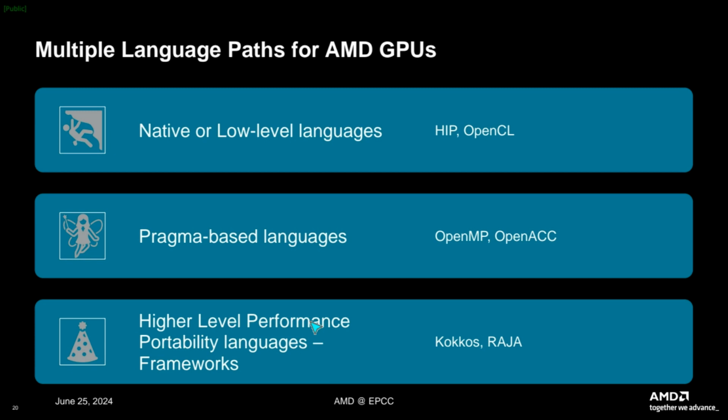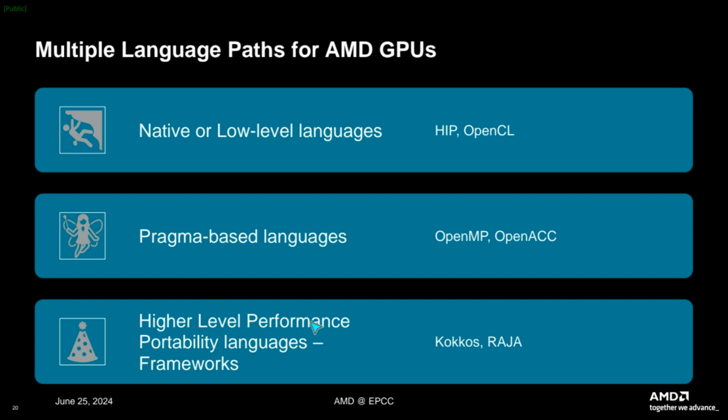So let's look at our language paths for the AMD GPUs. There are several different levels of languages you can use for your application, and the same answer is not necessarily the best for every application.